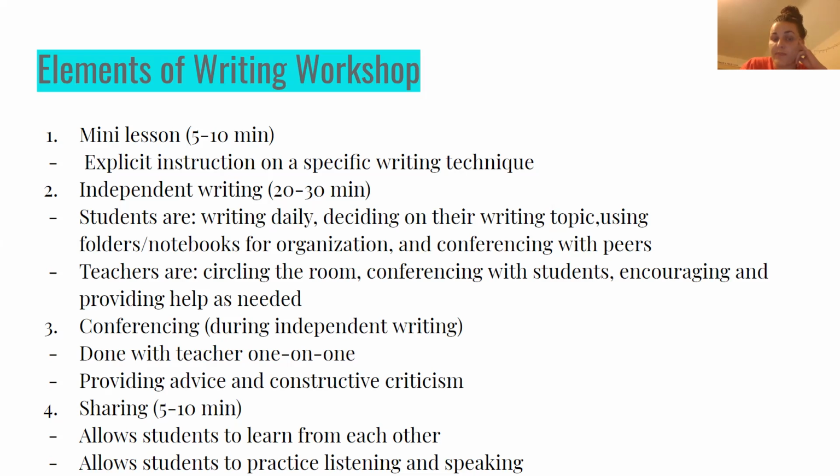The teacher is circling the room, conferencing with students, encouraging and providing help if needed. The conferencing is during independent writing, and it's done with teacher one-on-one. This is when the teacher can provide advice and constructive criticism.